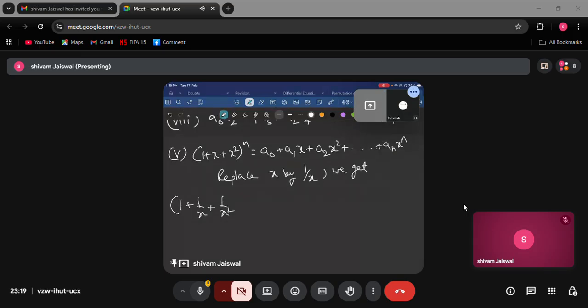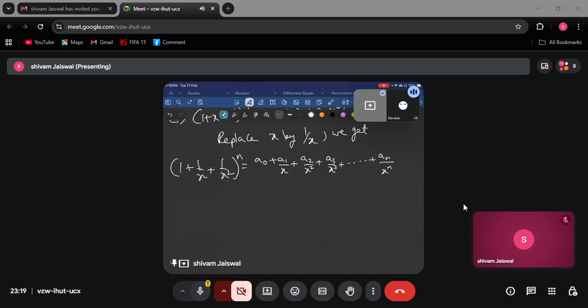Okay. (1 plus 1 by x plus 1 by x square) whole to the power n will be equal to a0 plus a1 by x plus a2 by x squared plus a3 by x cubed plus dot dot dot plus an by x to the power n. Now what you do is multiply by x to the power n on both sides.